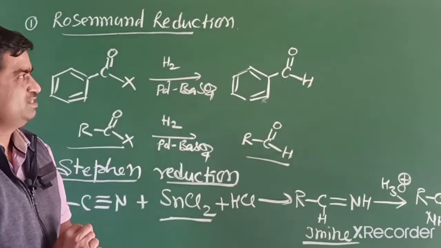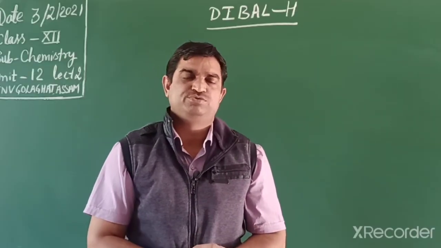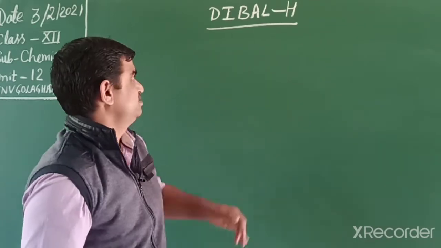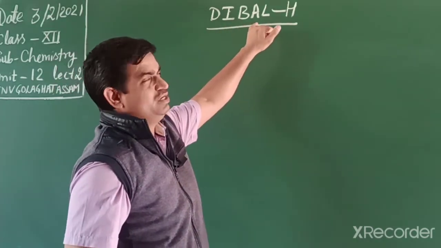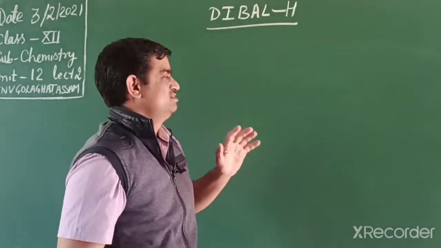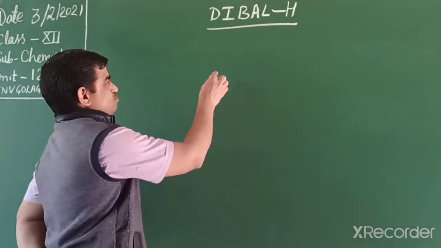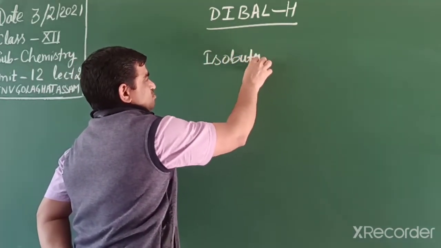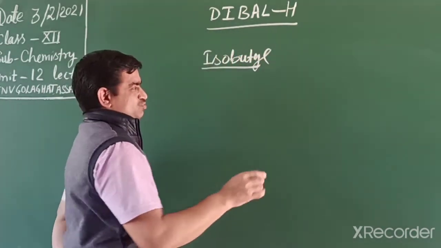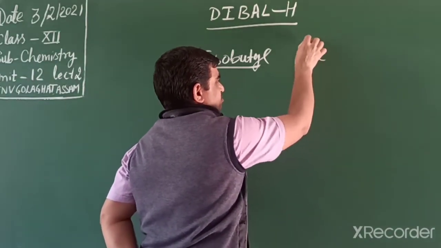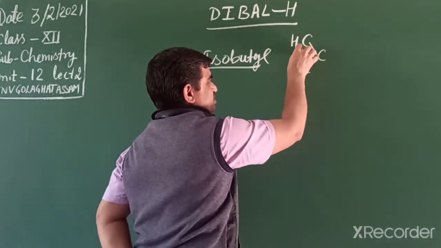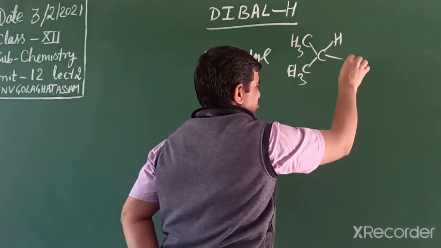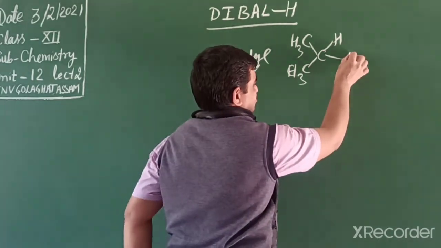Now students, we will discuss another important reagent, a reducing agent, diisobutyl aluminum hydride. First we write isobutyl. In the iso condition, we know 1 carbon is attached to 2 CH3 and 1 hydrogen, and butyl then has 1 more carbon.